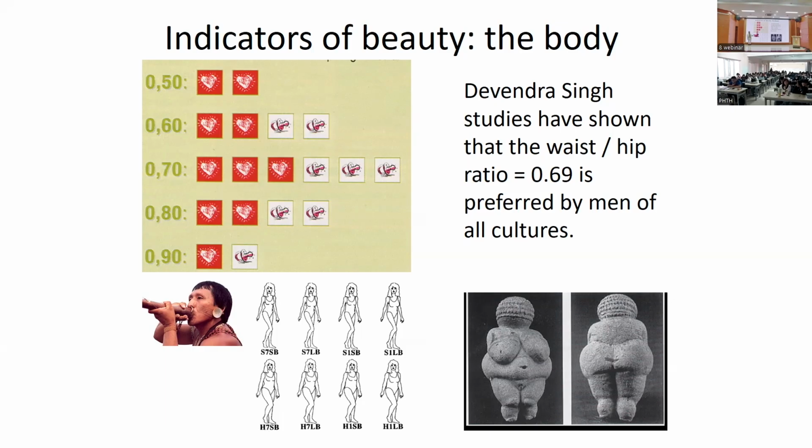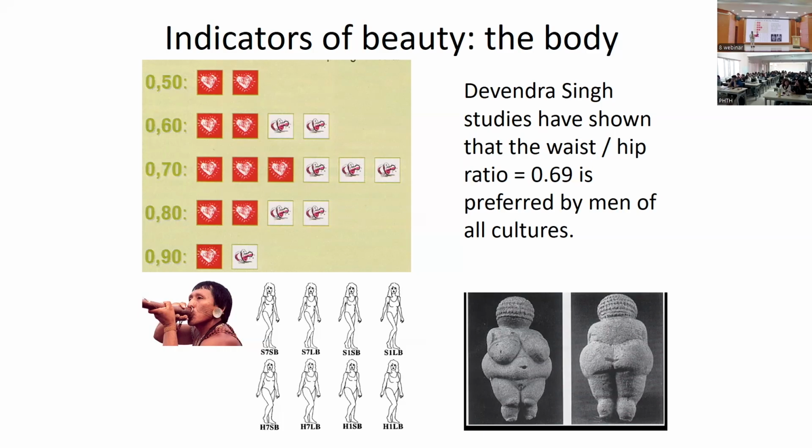This is the unique part of the world where people are supposed to be absolutely natural. He went to those people with silhouettes with different hip to waist ratios and asked: which one is more sexy for you? Which one do you like more?